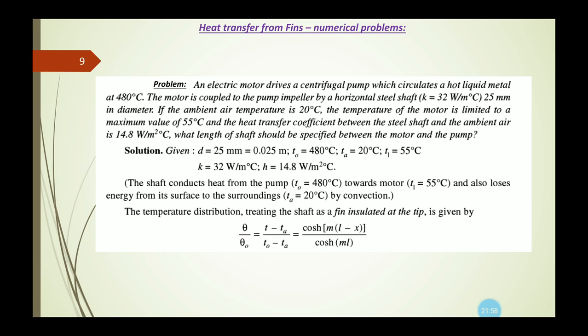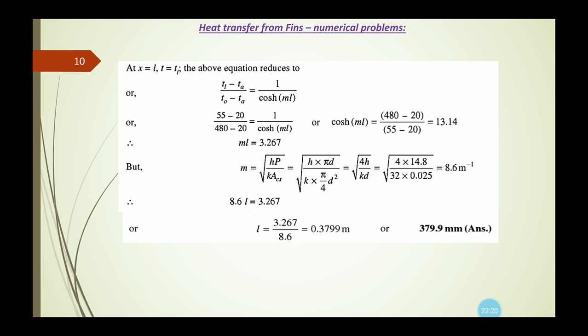Now the temperature distribution, treating the shaft as a fin insulated at the tip. The formula is theta by theta naught equals T minus TA divided by T naught minus TA, which equals cosh m(L minus x) divided by cosh mL.